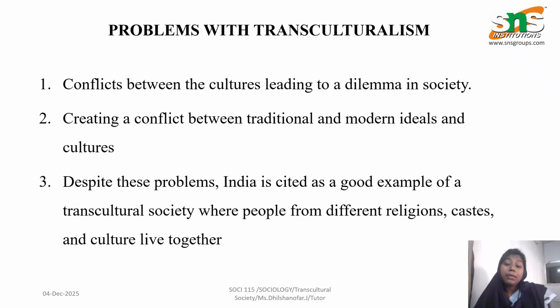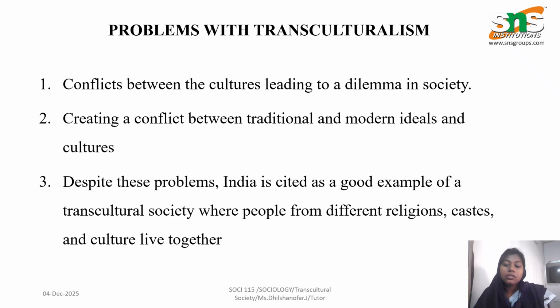But this is mainly happening in society, creating a conflict between traditional and modern ideals and cultures. The main problem in India is cited as a transcultural society, where people from different religions, castes, and cultures live together.